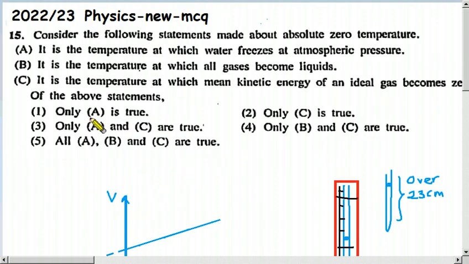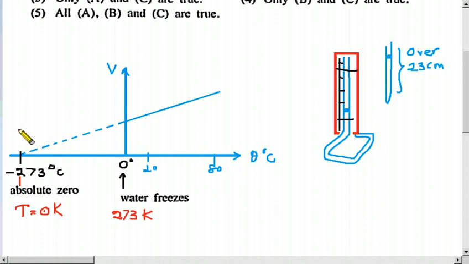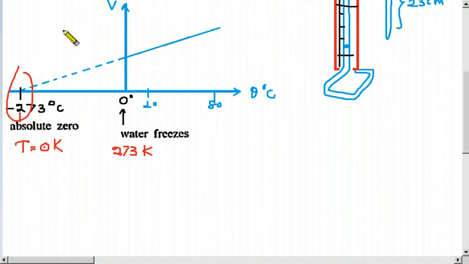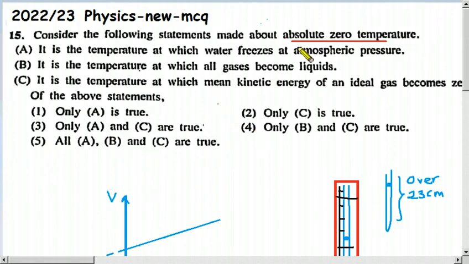So what is the meaning of this statement A? It is the temperature at which, they are talking about absolute zero. It is the temperature at which water freezes at atmospheric pressure. So that is wrong.